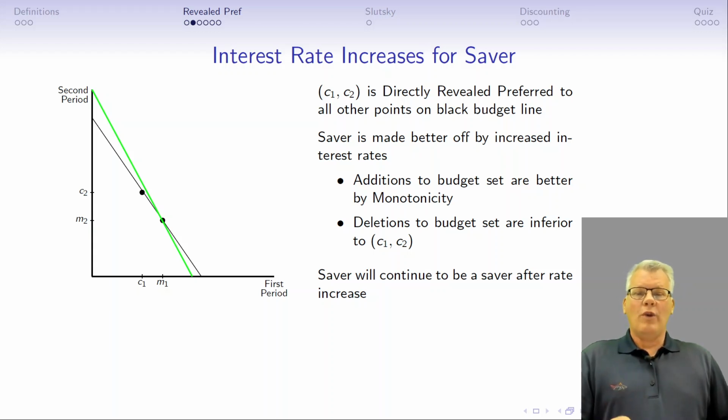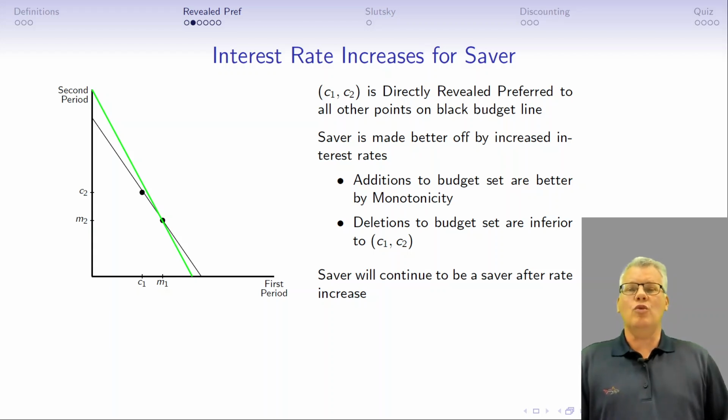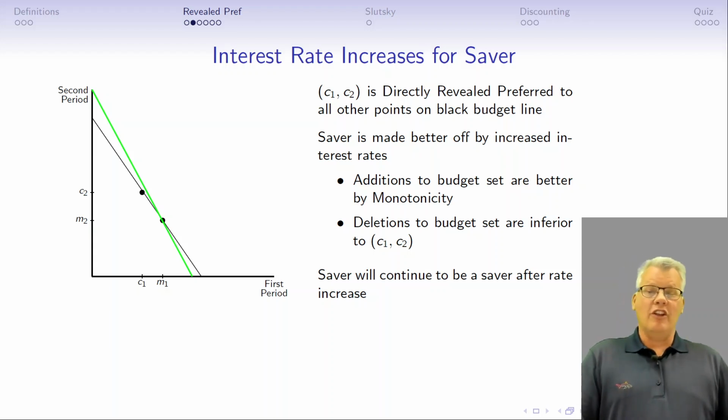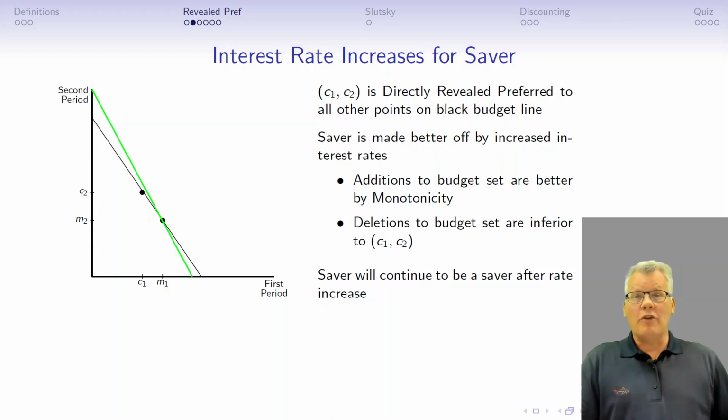So what we can say then is, in the first time period, that's represented by the black budget line, our consumer was observed to choose point C1, C2. We know through the tools of revealed preference that C1, C2 is directly revealed preferred to any point on the black budget line or underneath it.